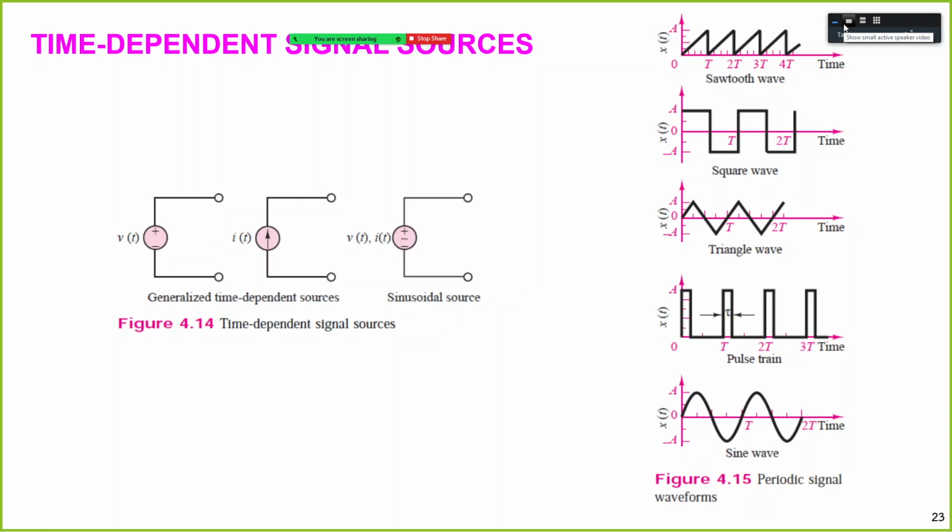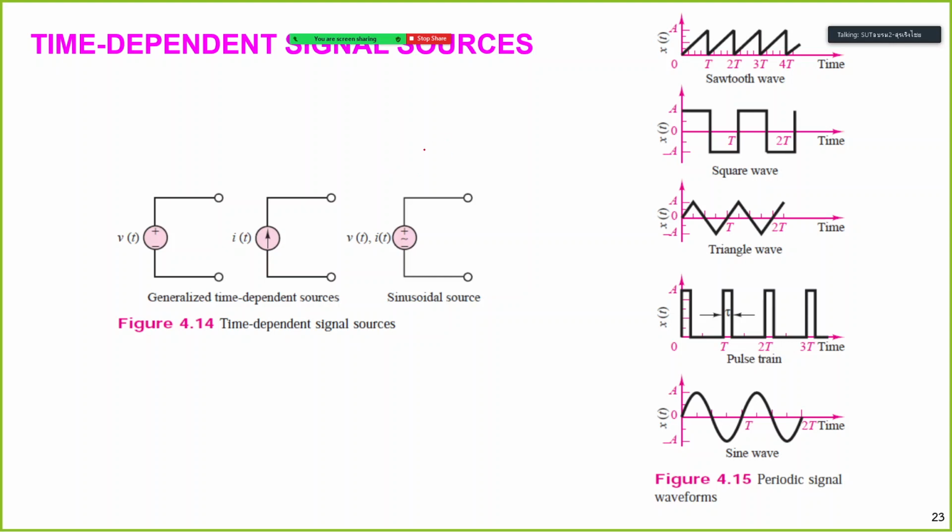Okay, now let's talk about the AC source, or we can call it a time-dependent signal source. The time-dependent signal source means that it depends on the time. It's not constant, it's not a direct current source, right? Not DC.